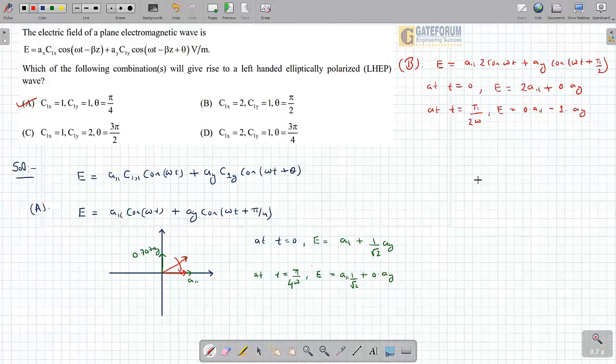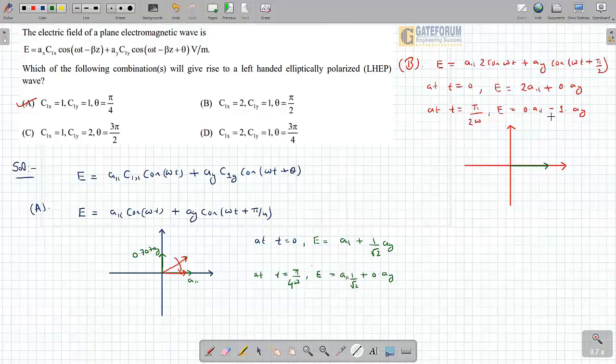Let us plot this in a two-dimensional plane and see how this moves. So the first equation, if I plot it, is 2 times Ax. This is the resultant here because the y component is 0.